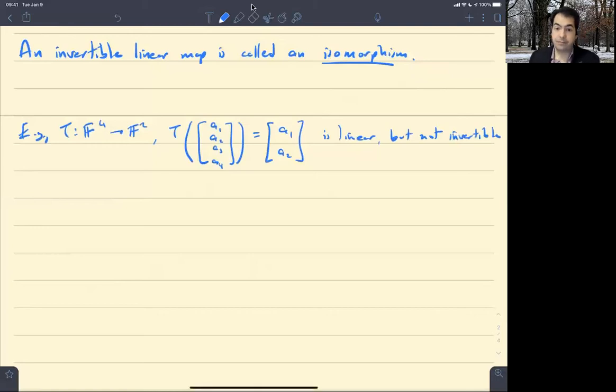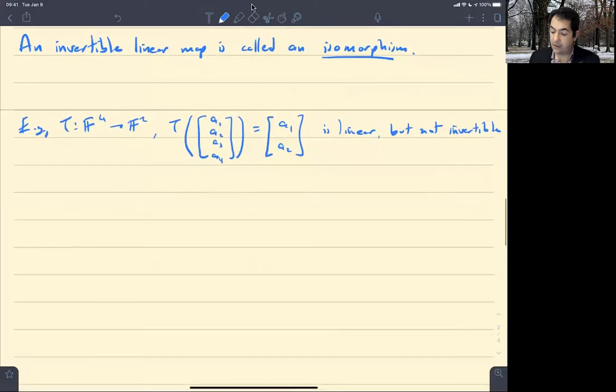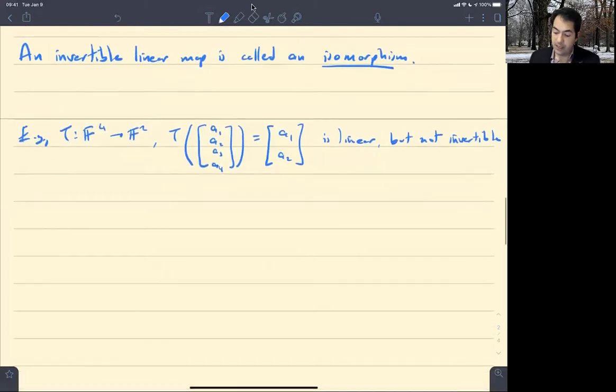Right? And that's really easy to see. So for example, if you have 0, 0, anything, anything, that gets sent to 0, 0. So this map cannot have an inverse because it's not injective. There are many vectors of the form 0, 0, anything, anything.